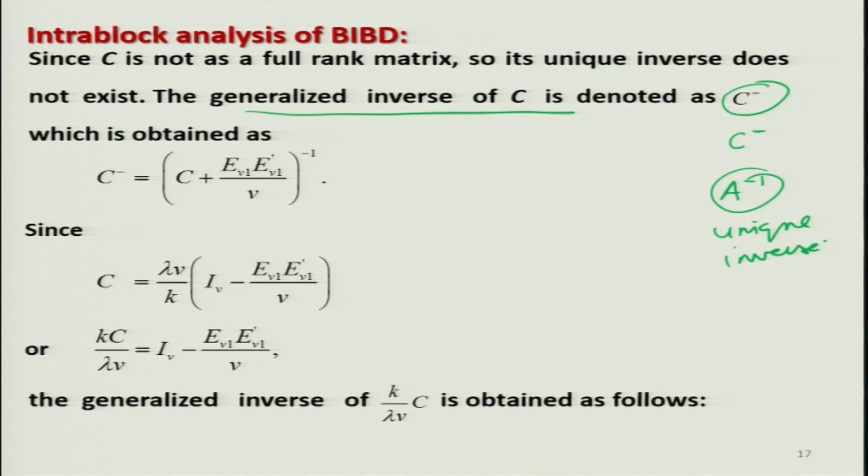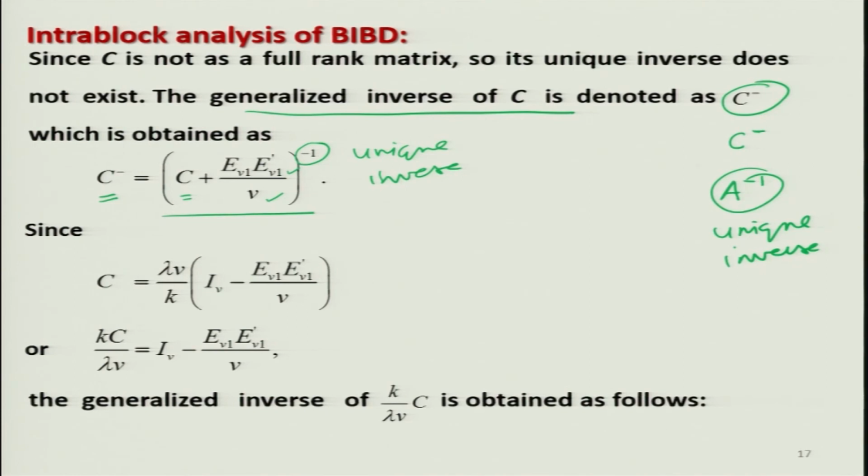So, now the generalized inverse of C is obtained like this: C generalized inverse is equal to C plus EV1 into EV1 transpose divided by V, whole inverse, which is the unique inverse. I am simply using the concept of Moore-Penrose inverse.